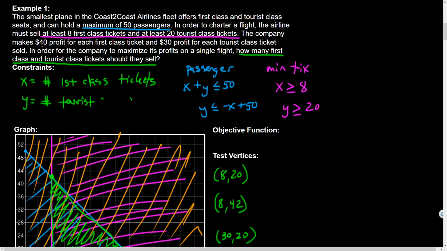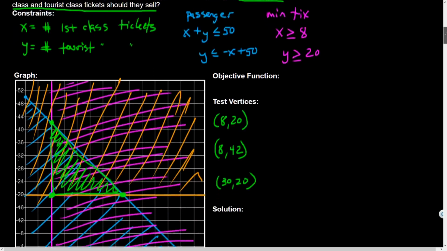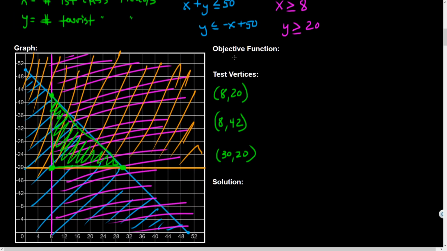And so the company makes $40 profit for each first class ticket and $30 profit for each tourist class ticket sold. In order for the company to maximize its profits on a single flight, how many of each should it sell? And so my profit equation is defined in terms of those x, y's. And watch this function notation.